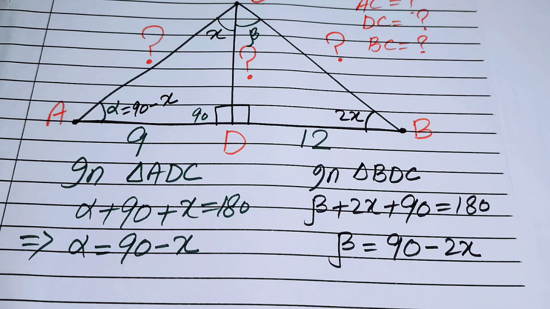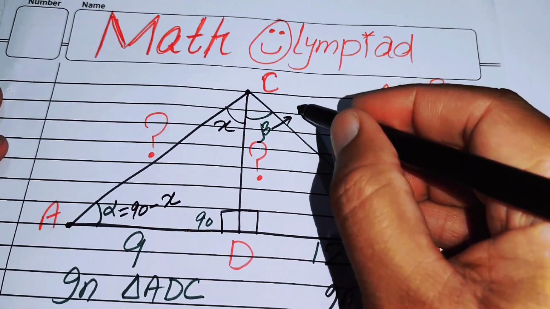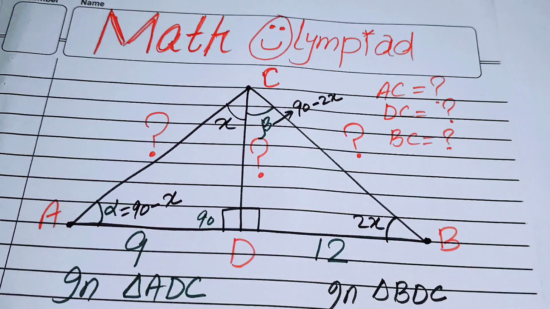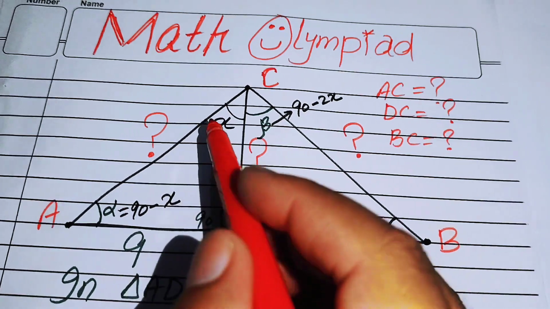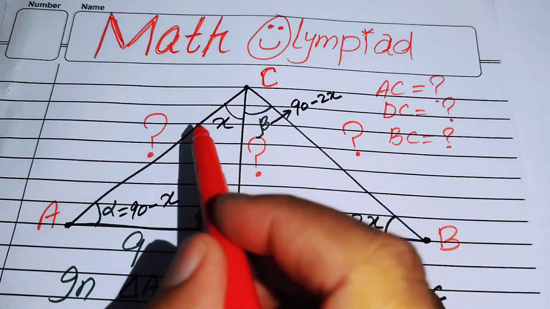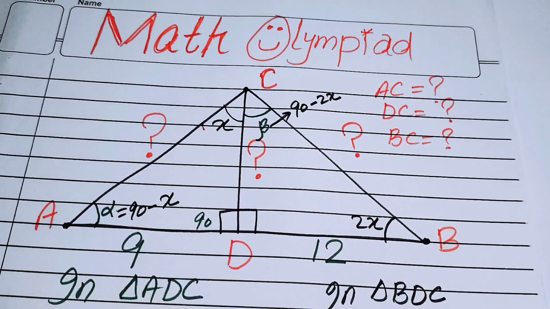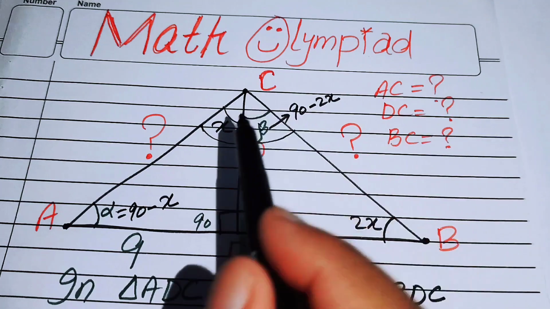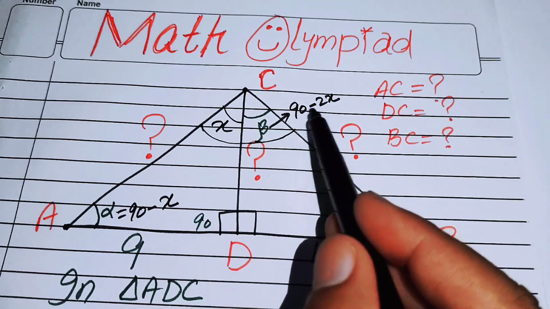So this angle beta is 90 minus 2x. Now if we find the value of this combined angle, you can see the value of this angle is x and the value of this beta is 90 minus 2x.